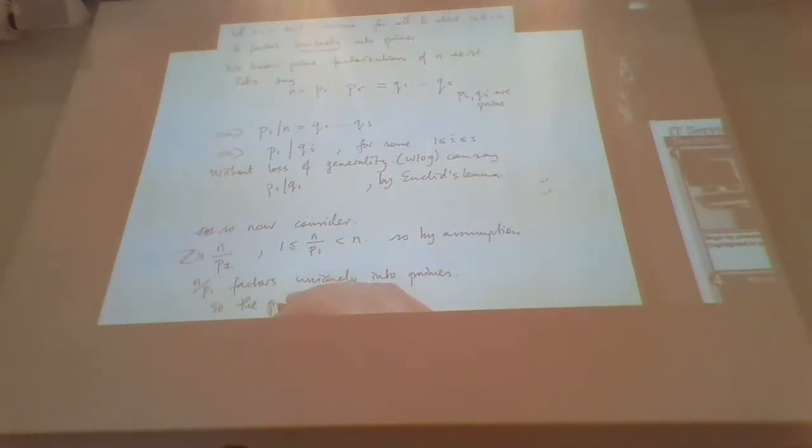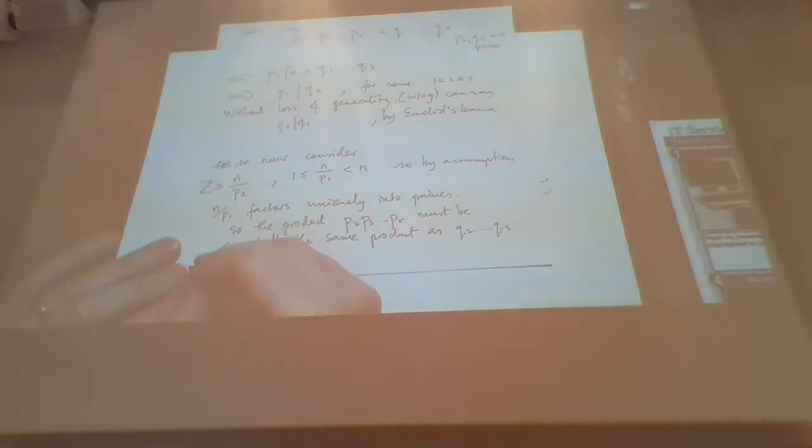So the product P2, P3 up to PR must be essentially the same product as Q2 up to QS. Just the same bunch of primes multiplied together. They might be mixed up in different positions, but it's really essentially the same product.